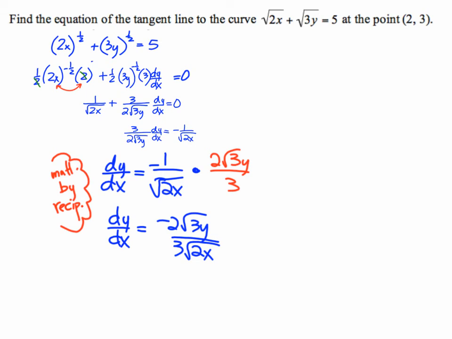So I found the value of dy over dx. Now I have to use the point (2, 3). It says the tangent line to the curve at the point (2, 3), so I have to substitute the values of 2 and 3 in for the letters x and y.